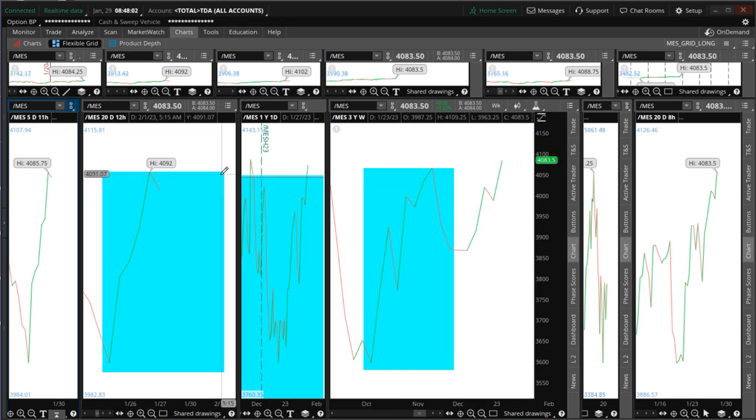If the 12-hour time frame goes beyond maybe 4100, a little bit higher, it will confirm the weekly time frame.